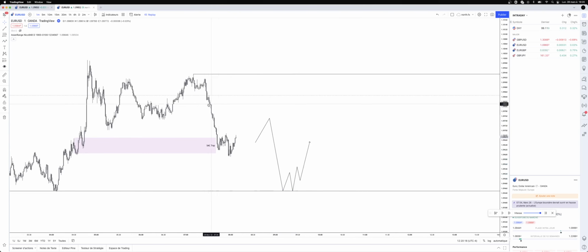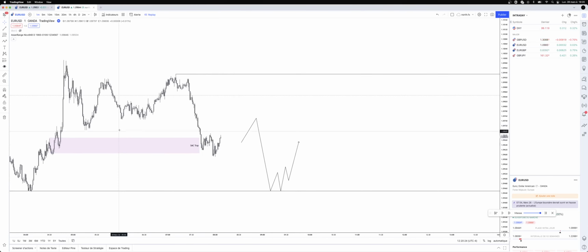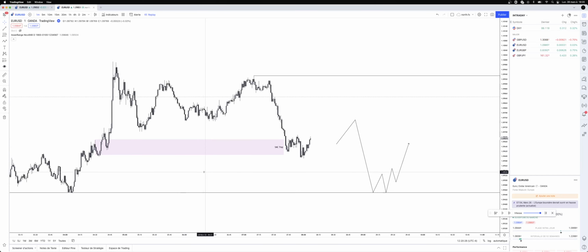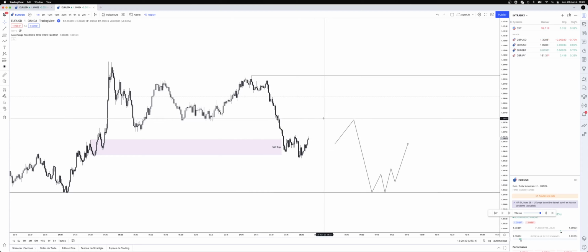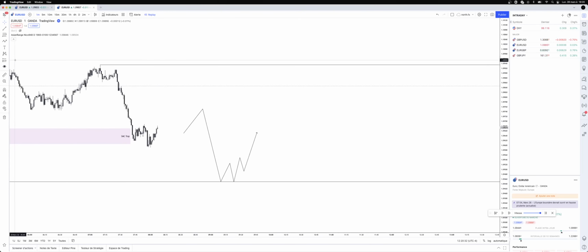But this is not the reality, because the market makers want to stop out the majority of the possible buyers entering the position. This is the SMC trap. So what I'm looking for is this inducement zone. The price creates a reversal and goes down, little reaction, goes down, and after that explodes.